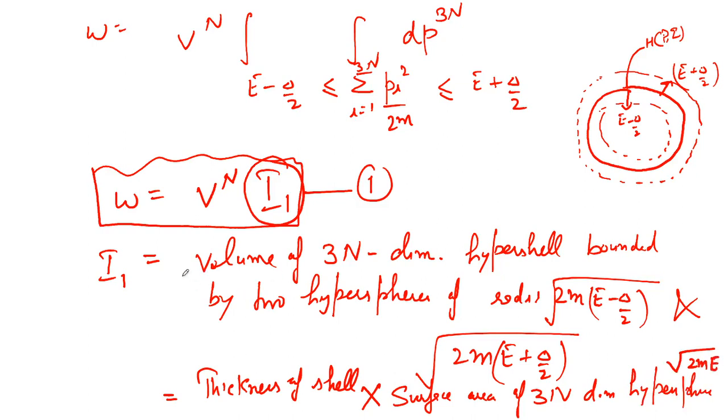So in order to find the value of I1, we need to find two values. We need to find the thickness of this hypershell, and then we need to find the surface area of this 3N dimensional hypersphere. So let us first calculate the thickness of this hypershell.